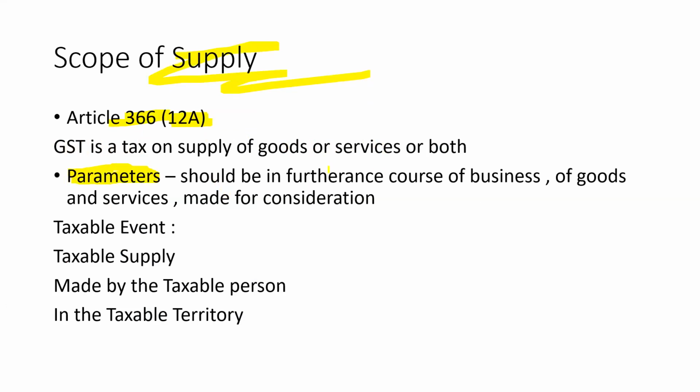It is basically made in the course or furtherance of business, the goods and services are supplied, and it is made for a consideration. So there are three parameters. Further, what exactly does your taxable event say? We have discussed the taxable event. Taxable event is the taxable supply which is made by the taxable person in the taxable territory.